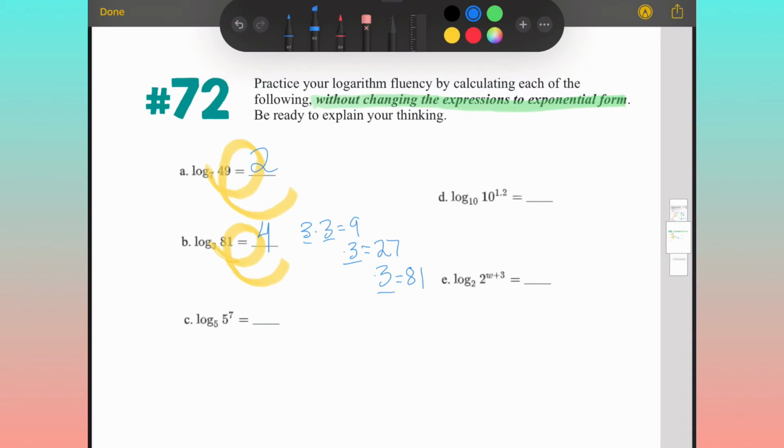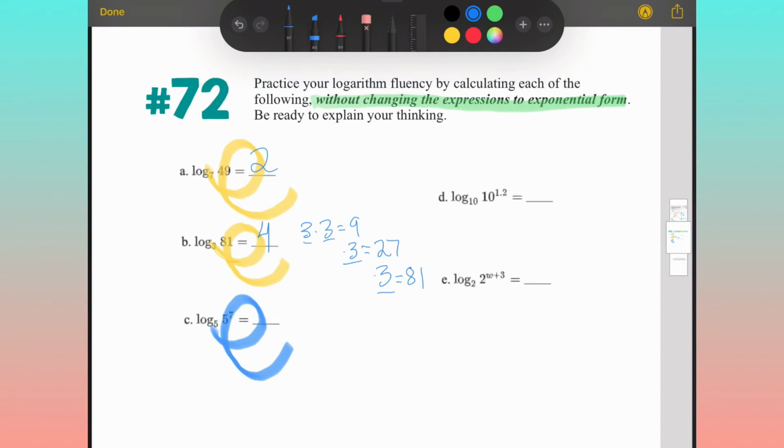Now this one, a little bit different only because we have more than just a single number. I have a number with an exponent in that value there. But still my rules can be the same. I start with my 5, go through that end value, and then get that 5 to the 7th. So I'm wondering what 5 to the what power equals 5 to the 7th?